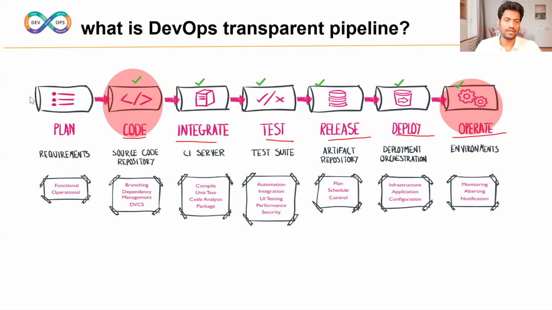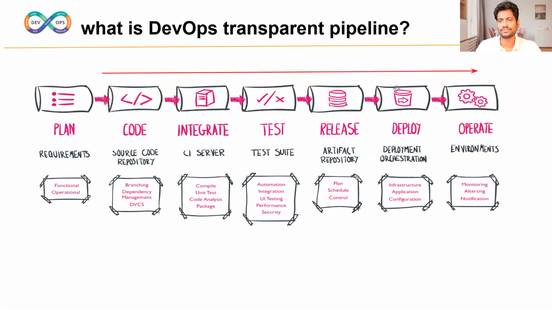But frankly, we are not doing any planning. We are not writing any coding. We are not writing any test cases. We are just implementing an automated DevOps transparent pipeline from the dev environment to operation. This entire process, what do you call it? The DevOps transparent pipeline.